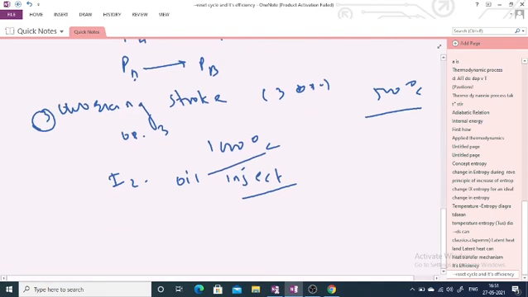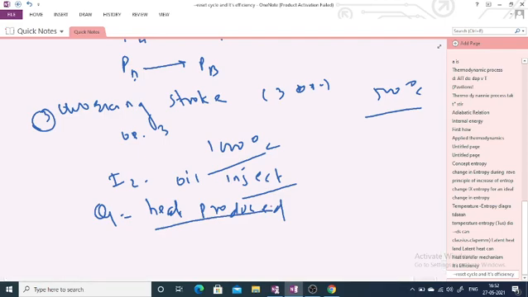So heat is produced and absorbed; that amount of heat absorbed is Q1. Now the supply of oil is regulated in such a way that during combustion, the piston moves outward at constant pressure.